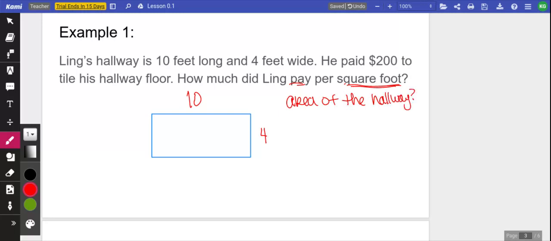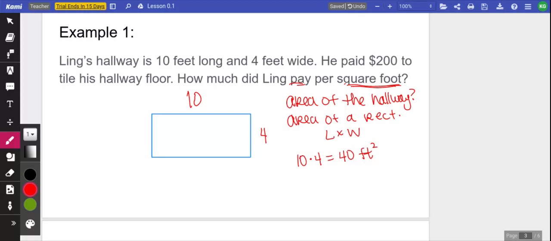If you remember from like 6th grade, 7th grade math, the area of a rectangle is length times width. And so I do 10 times 4 to get 40 square feet. Now it's asking me for the price per square foot.